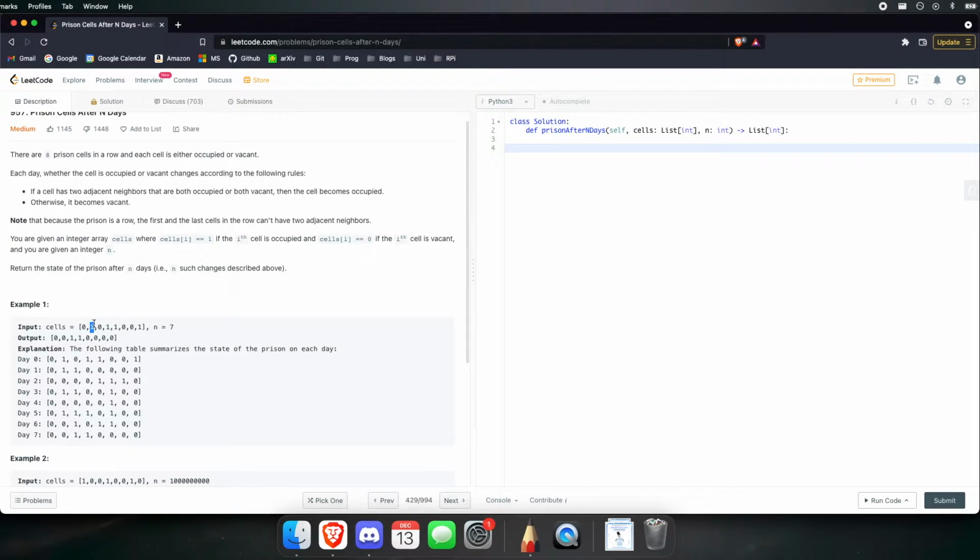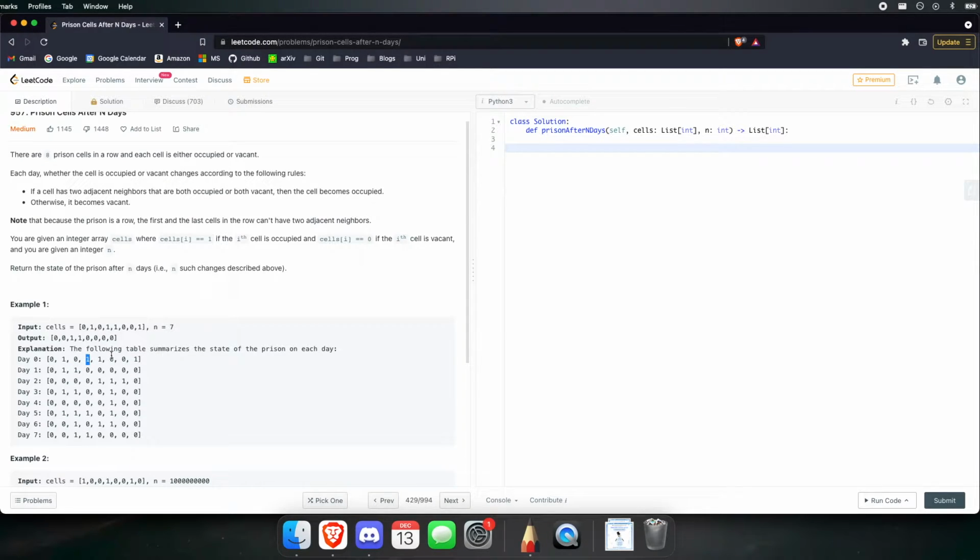And then the 1 stays a 1 because its 2 neighbors have the same value, which follows this rule. Right here, its neighbors are vacant, both of them, so it stays a 1. For this 0, both its neighbors are occupied, so this value does indeed change on the next day. It goes from 0 to 1 as shown right here.